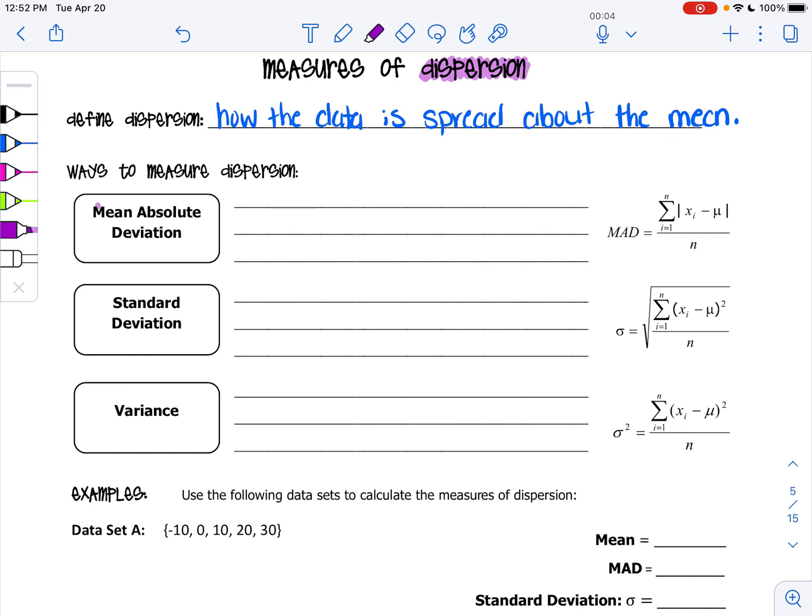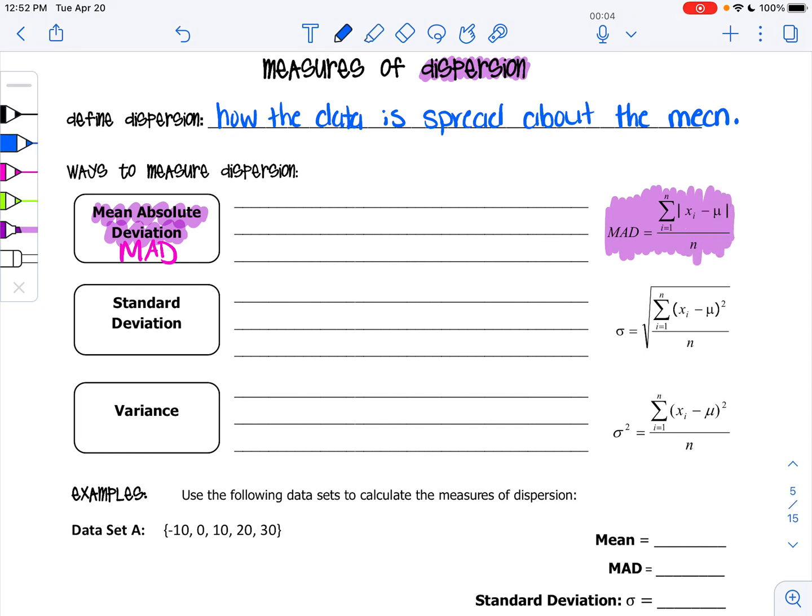First, you have the mean absolute deviation, also known as the MAD. And the equation to calculate that is over here to the right.